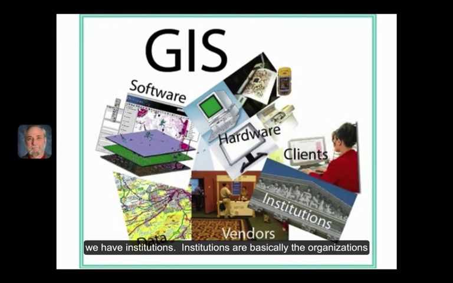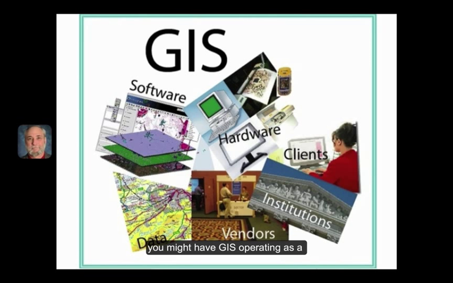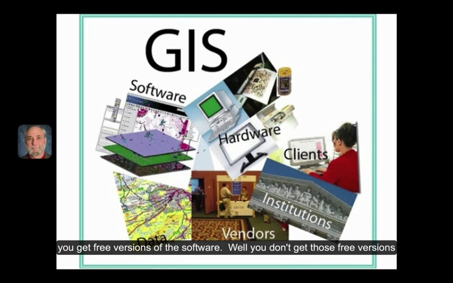Moving up from there, we have institutions. Institutions are basically the organizations within which GIS resides. For example, you might have GIS operating as a piece of class software, as we do here, in which case you get free versions of the software. Well, you don't get those free versions in other kinds of institutions.